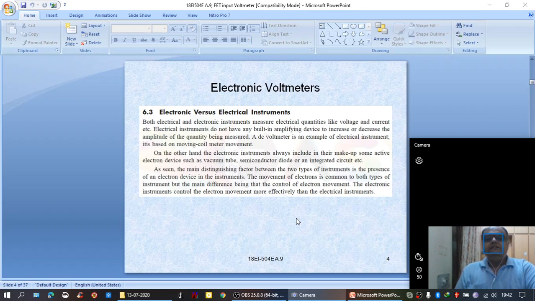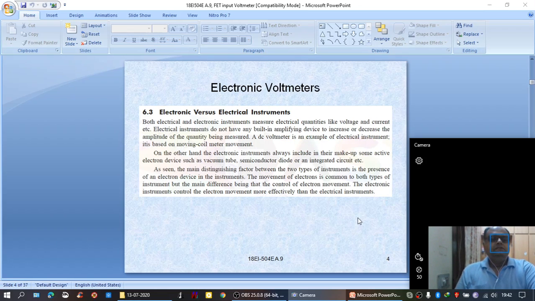On the other hand, in case of an electronic voltmeter, in addition to the basic PMMC movement, the electronic instruments include active electronic devices such as vacuum tubes, semiconductor diodes, or integrated circuits, etc., particularly used as amplifier circuits.